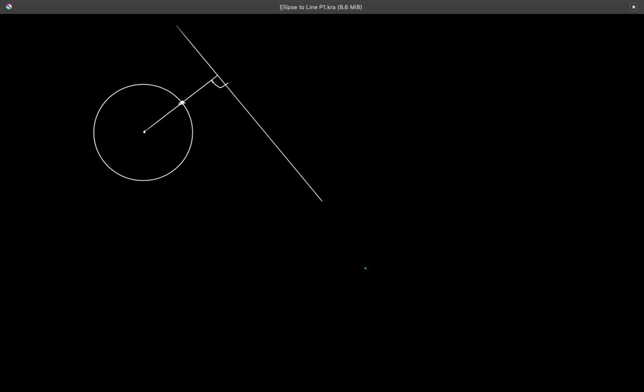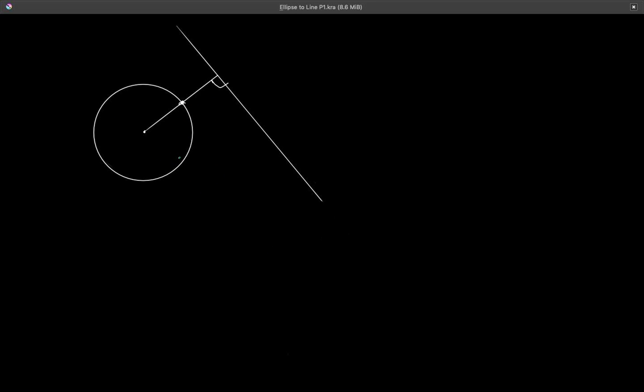The way we're going to approach this problem is we're going to compare it to a comparable problem, which is much simpler. How would we find the shortest distance between an arbitrary circle and an arbitrary line? I've drawn it out here.